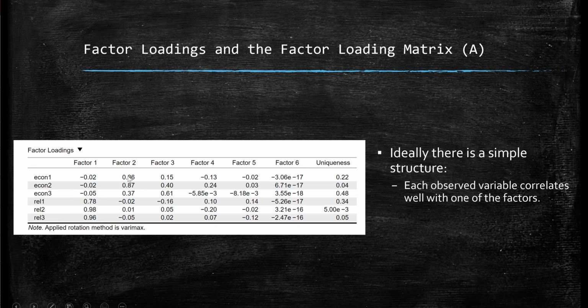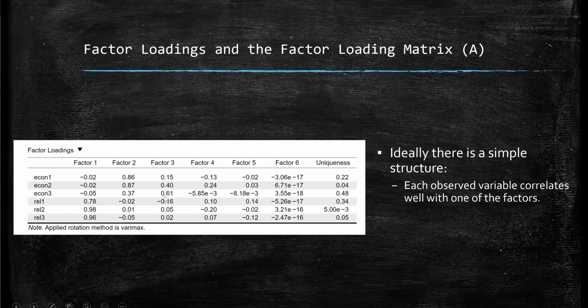The second factor has very strong loadings for 2 of the economic variables, and a weaker but probably strong enough to retain loading from the third economics variable. We see there is a third factor that has a strong loading from the third economics variable.